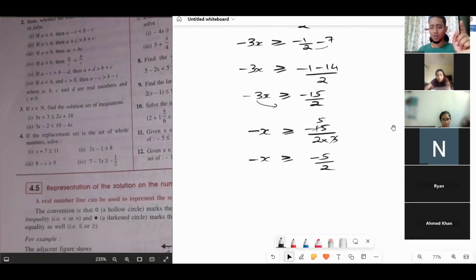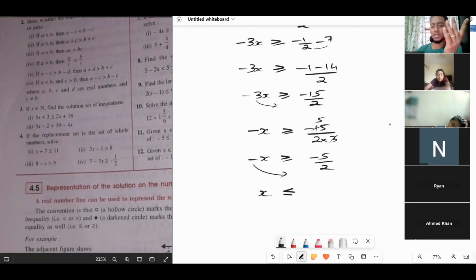Correct? Now look very carefully. When we take the minus on the other side, this greater than will become less than equal to. The sign of the inequality will change. If it's greater than, it will become less than. This is when we change the minus. If you remove the minus to the other side, the sign of the inequality will change.